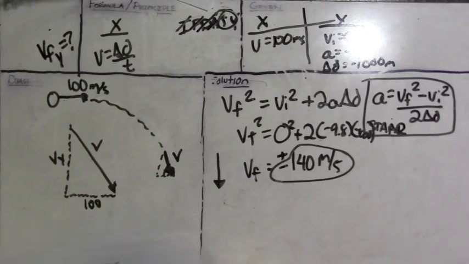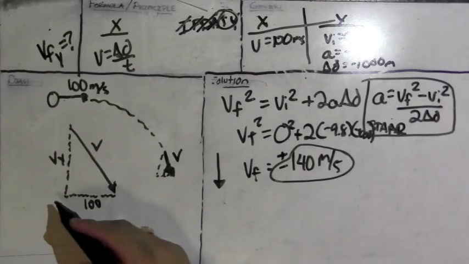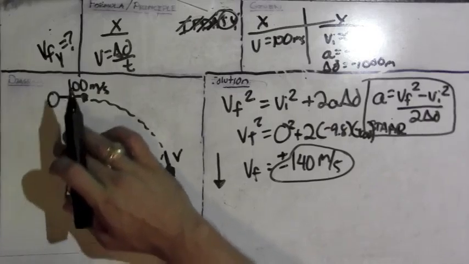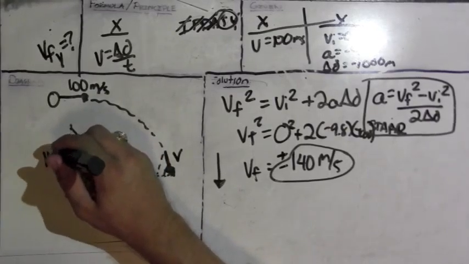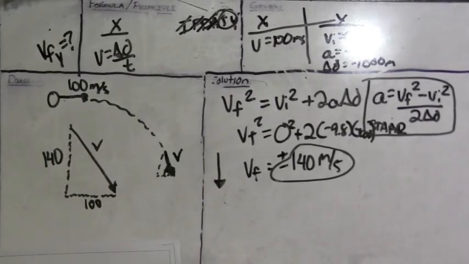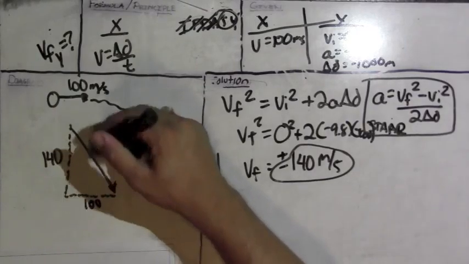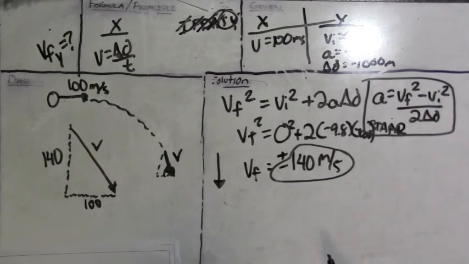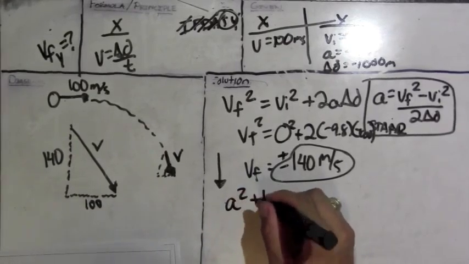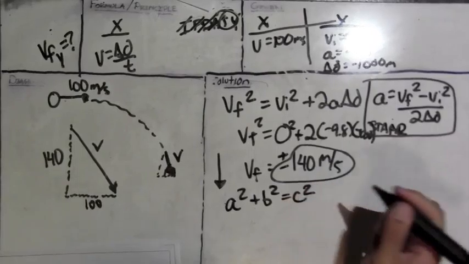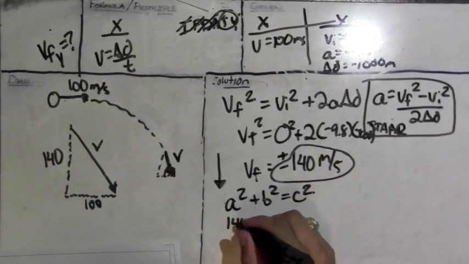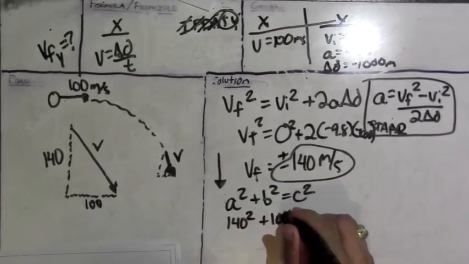So now, we're going to go ahead and plug this into our triangle that we have over here. We're going to erase this and say that we have 140 moving down. So to find the overall velocity, which is just the hypotenuse of the triangle, we use the Pythagorean theorem. We say a squared plus b squared equals c squared, or in our case, 140 squared plus 100 squared.